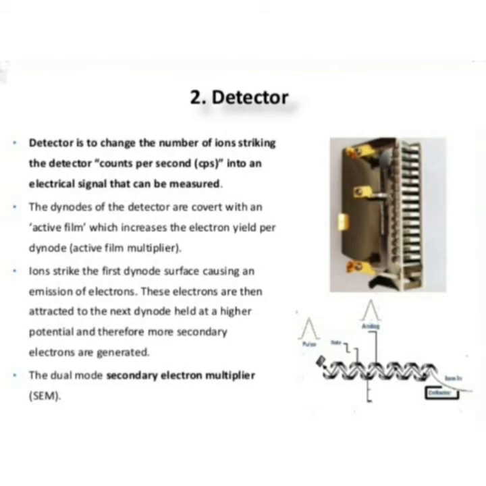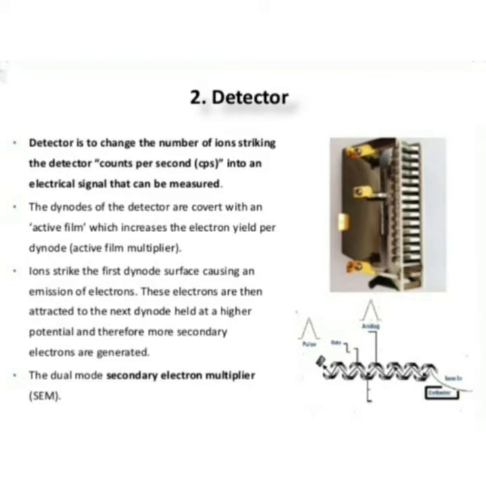Next is, what is the detector? The detector converts the number of ions striking the detector, counts per second (CPS), into an electrical signal that can be measured. The diodes of the detector are covered with an active film which increases the electron yield per diode.